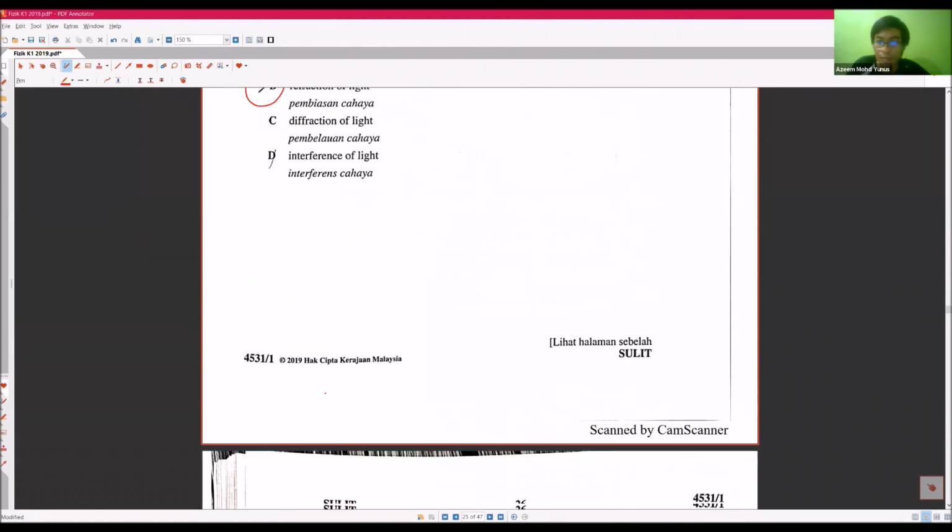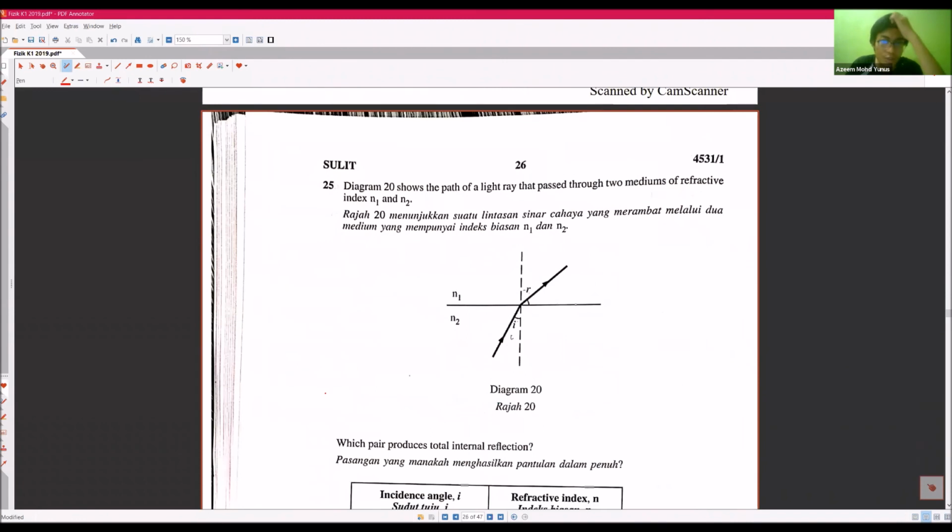Okay, next, 25. Diagram 20 shows the path of a light ray that passes through two mediums of refractive index M1 and M2. Which pair produces total internal reflection? Total internal reflection has two conditions.